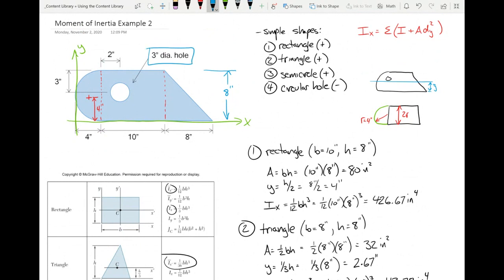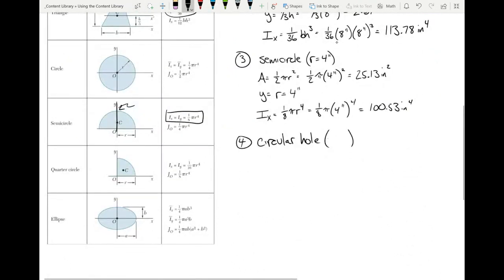So its radius is 1.5, right? Cut the diameter in half to get the radius. So the area is pi r squared, pi times 1.5 squared, which is 7.07, right?